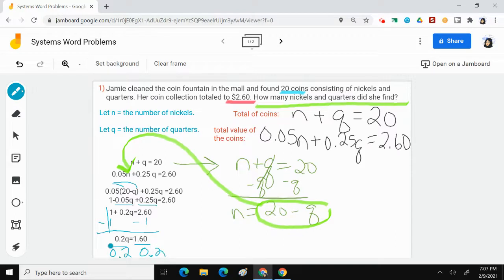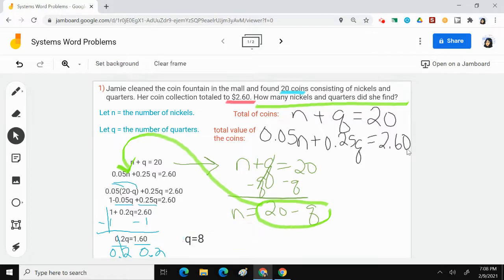Okay, this will cancel. And when I take $1.60 and divide that by 0.2, I get that q is 8. Remember, you want to make sure that your answer makes sense. So it makes sense for my number of coins to be a whole number, right? I'm not going to have half a nickel, half a coin. That's why it's important to check that your answer makes sense in the context of the problem.